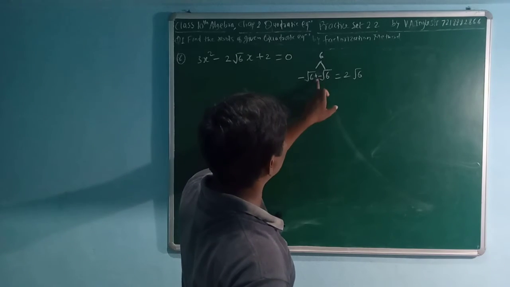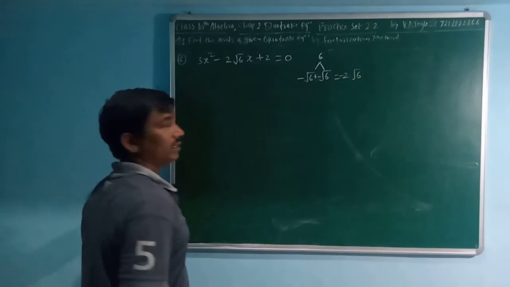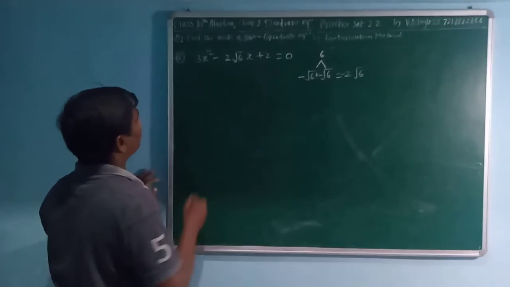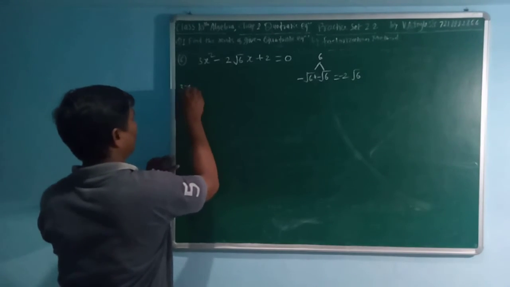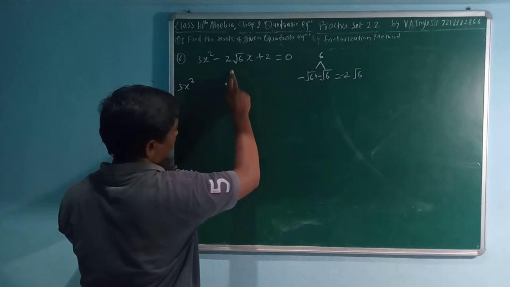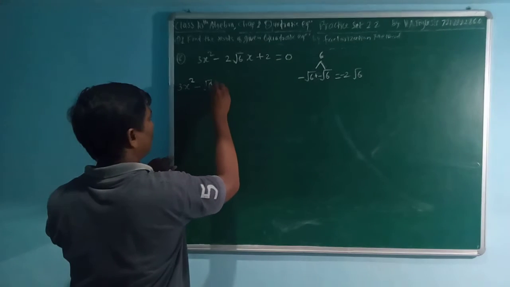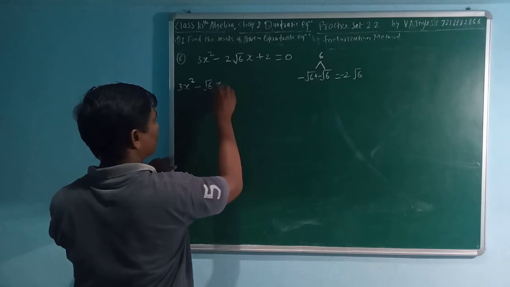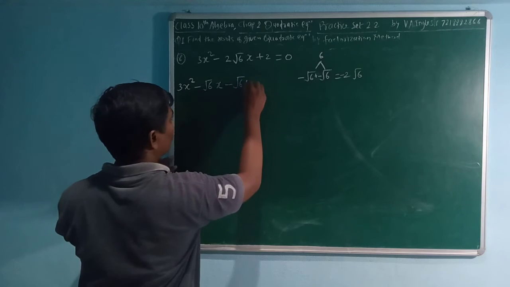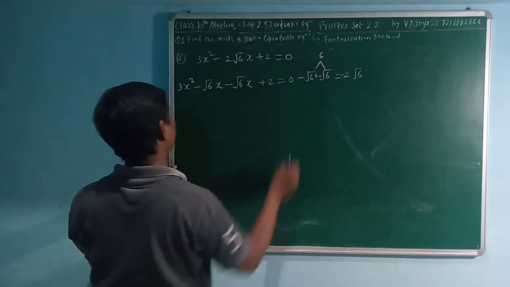Minus root 6 plus minus root 6 will be minus 2 root 6, and minus into minus will become plus 6. So we'll write this minus 2 root 6 x as minus root 6 x, and again minus root 6 into x, plus 2 equals to 0.